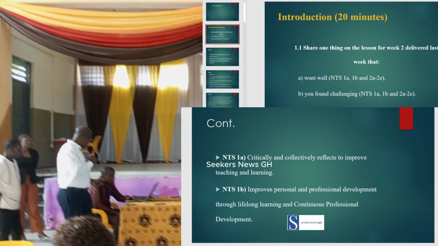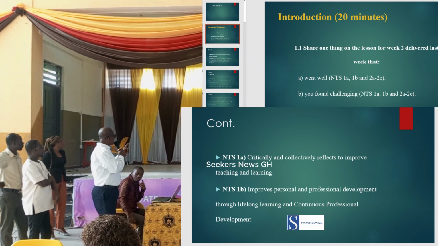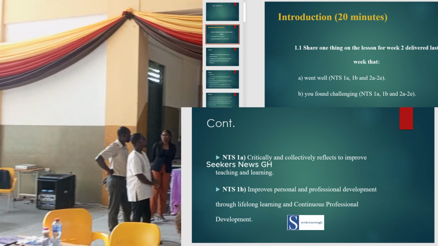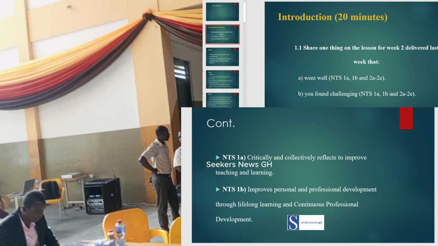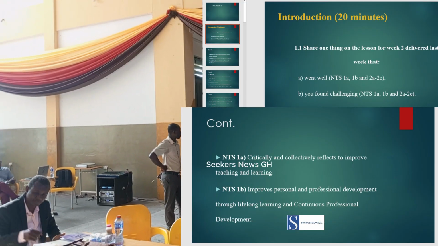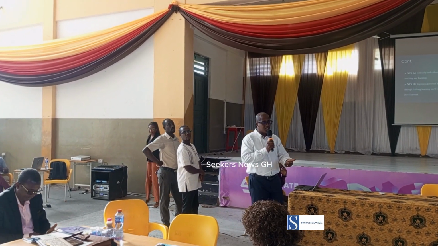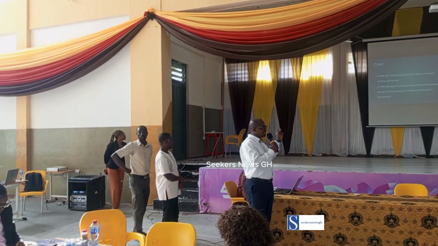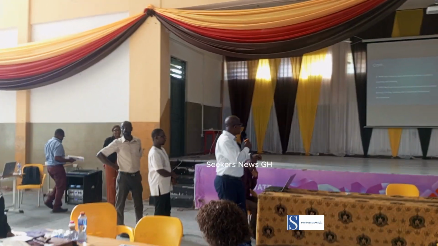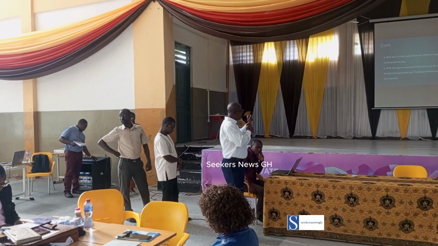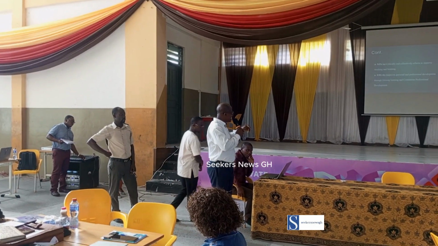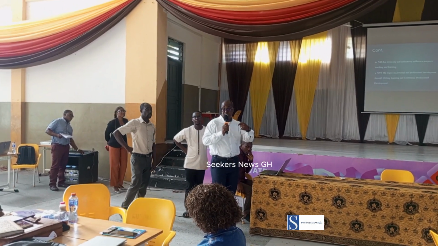That's 1A. 1A looks at improvement in teaching and learning. So what you are identifying as something that has gone well should look at improving teaching and learning, and then having an opportunity for learning as well as continuous professional development.